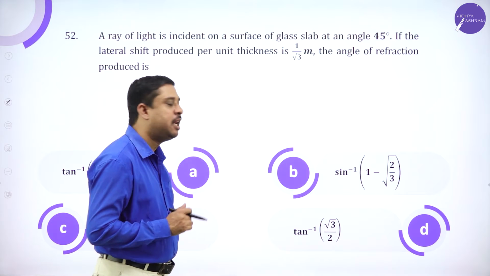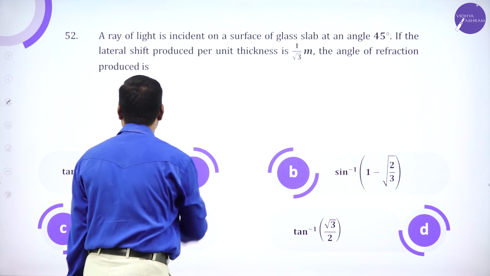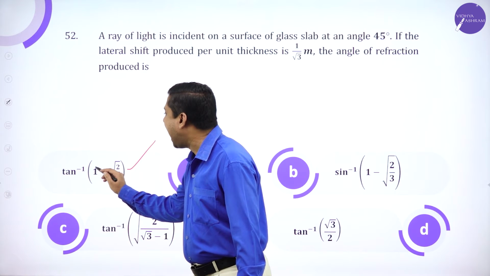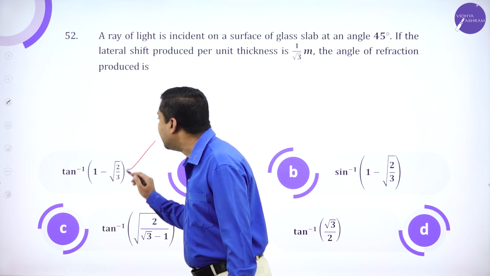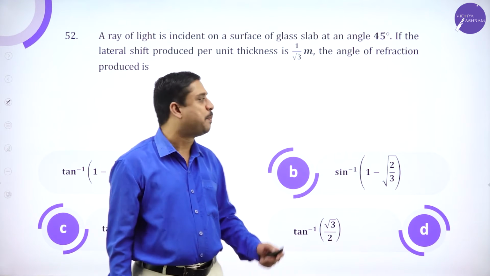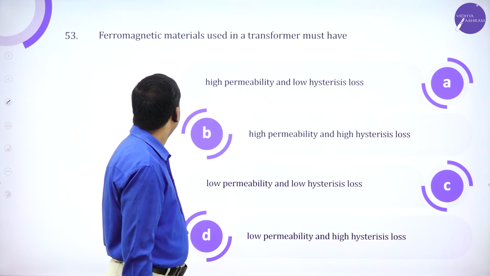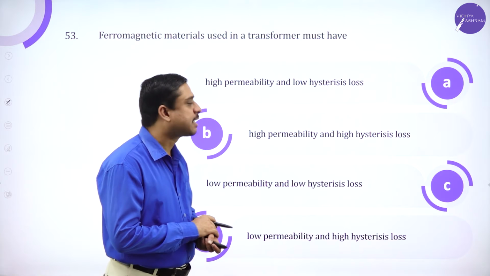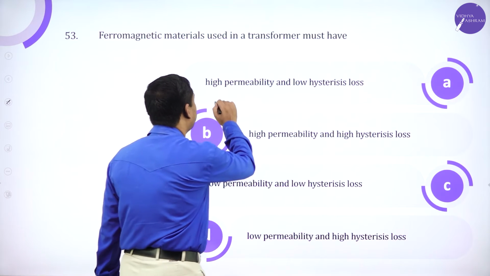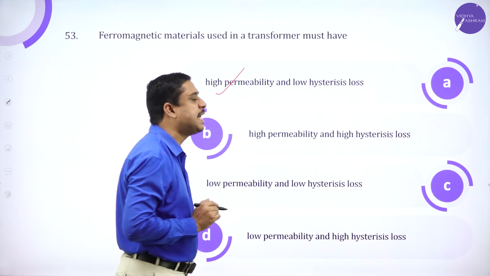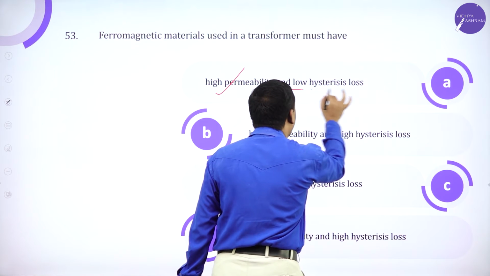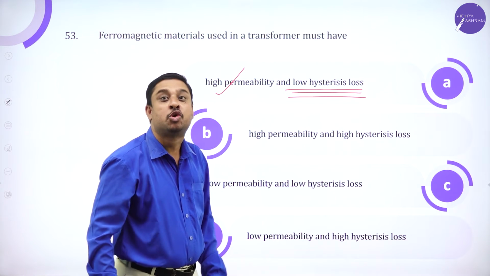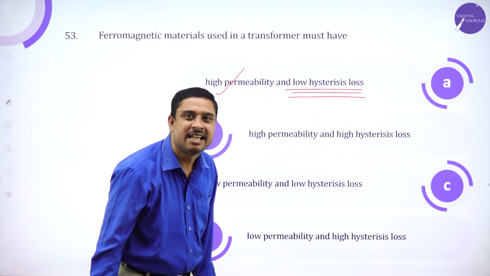Again, conceptual, lateral shift. So the angle of refraction will be tan inverse of (1 minus root 2) divided by 3. Ferromagnetic materials used in a transformer have high permeability and low hysteresis loss. Here, power loss should not happen due to hysteresis.